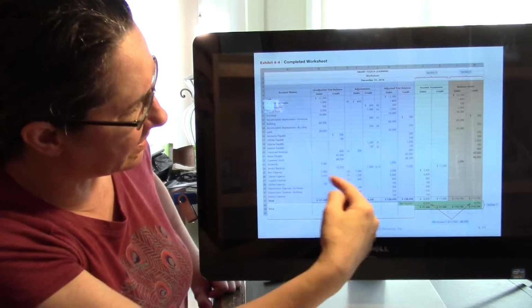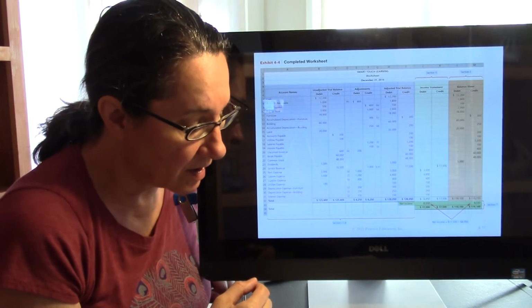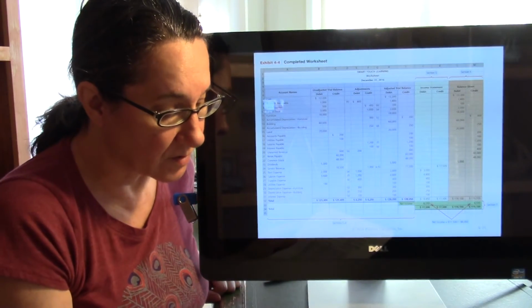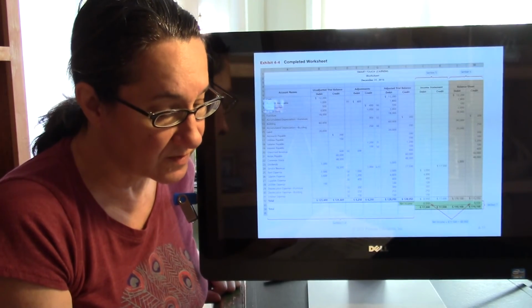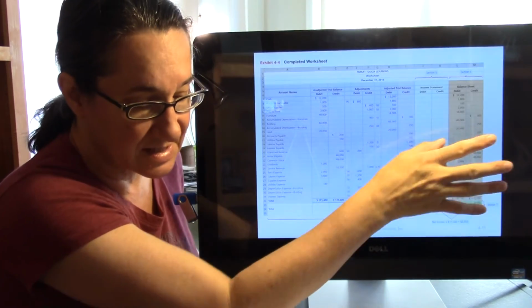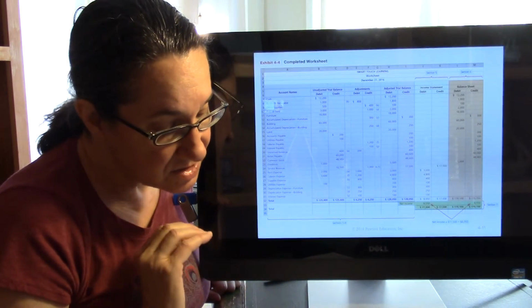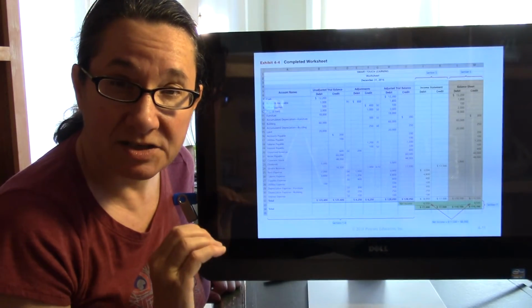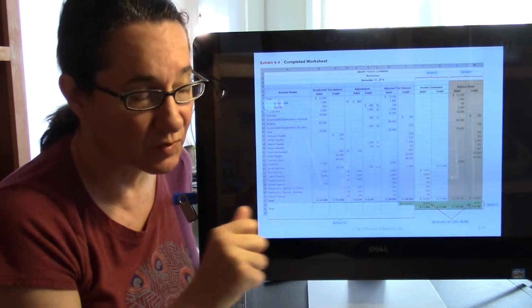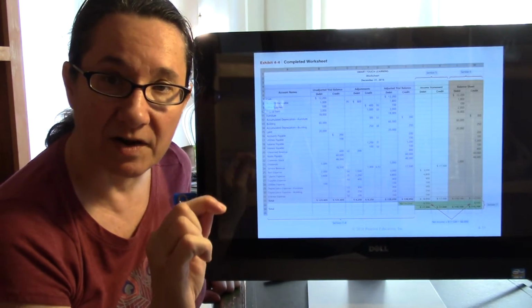So dividends is already on here, and so when we do this, we calculate the balance sheet. Now we're going to move all the rest of the accounts over, right? Even though dividends don't actually go on the balance sheet, they go on the statement of retained earnings, we're going to put dividends in the balance sheet column because they are affecting retained earnings.